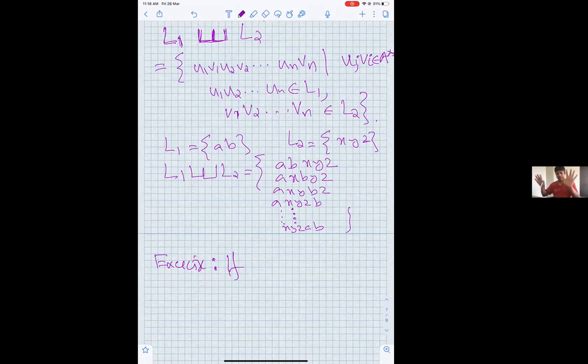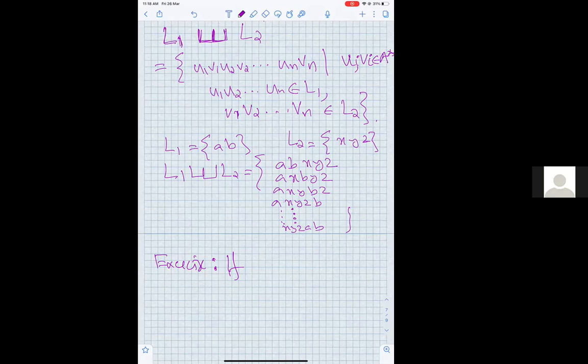Let's call that set X, and the rest of the positions will become set Y. The word over the positions X will become a word from L1. The word over the set of positions Y will become a word of L2. That's all it means. It doesn't mean that it has to start with L1 and end with L2.